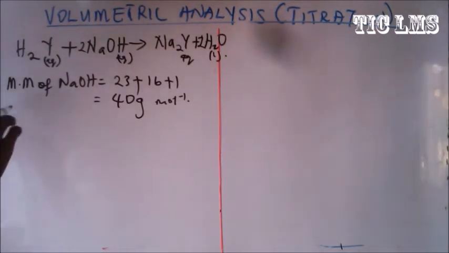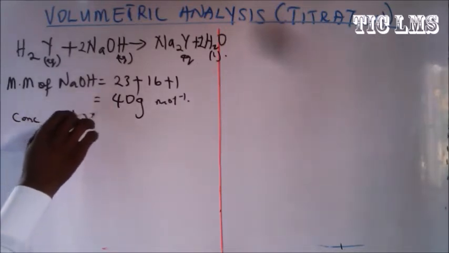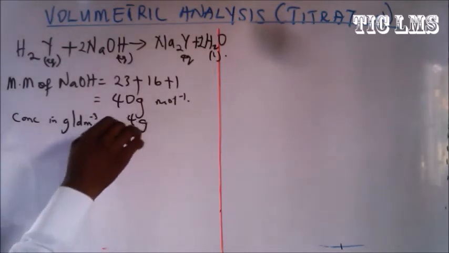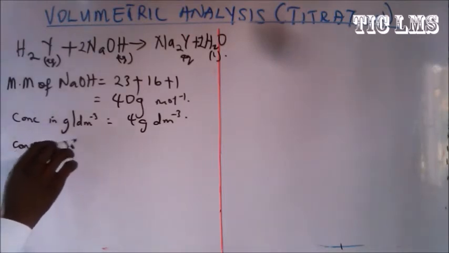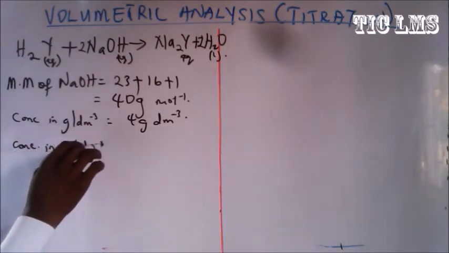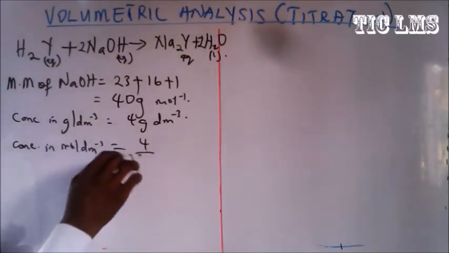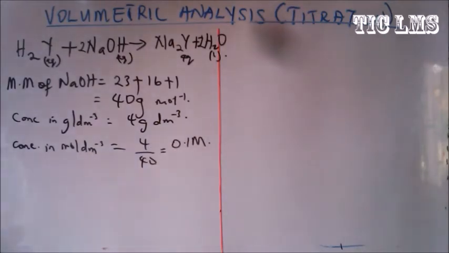And in the question, we're given concentration of the base in gram per dm cubed to be 4. Next, concentration in mole per dm cubed of our base will be 4 over 40, and that's 0.1 molar.